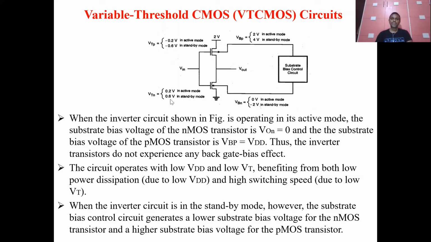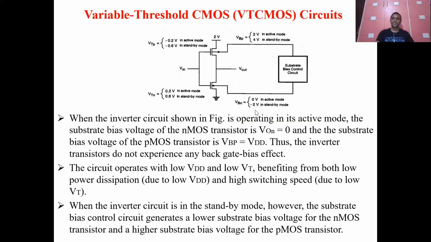In active mode, we apply the substrate bias voltage as 2 volts for the PMOS transistor and 0 volts for the NMOS transistor. But whenever it is in standby mode, we operate at 0.6 volts here and minus 0.6 volts there. Okay, so at that point, we will increase the substrate bias control.